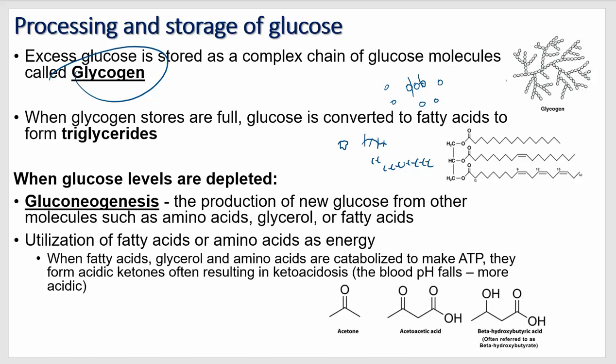This is the briefest example of fatty acid synthesis: you take that chain, straighten it out, and bind those pieces together to make a fatty acid. Okay, and that's what you do.